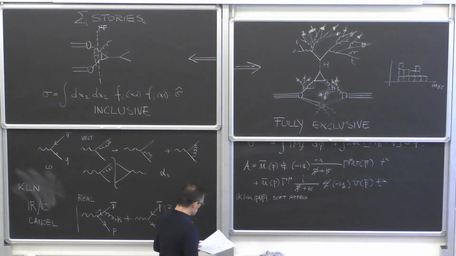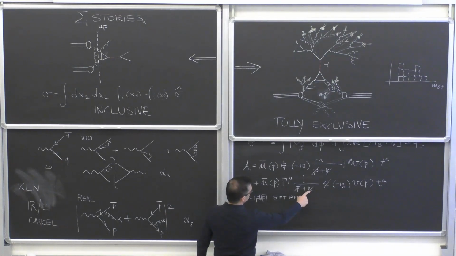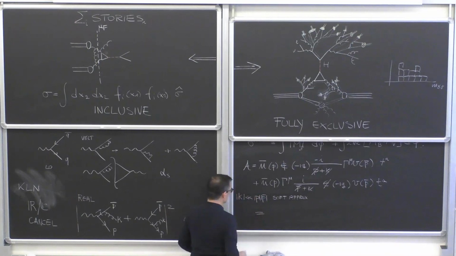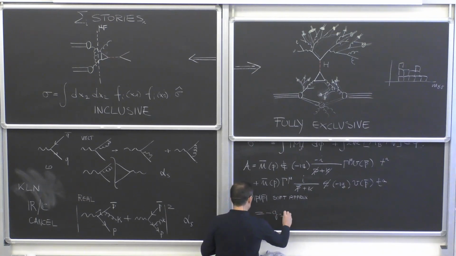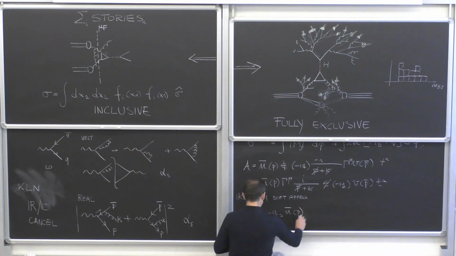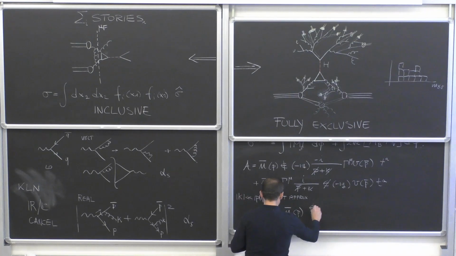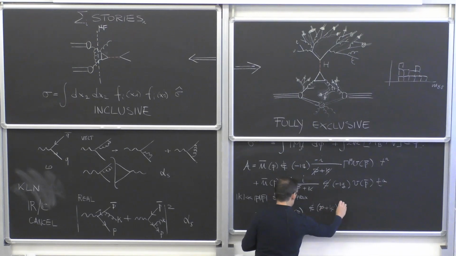If I'm using the soft approximation, then I can neglect the kappa, not in the denominator, but in the numerators. So let me collect here: epsilon, P plus kappa, gamma mu.